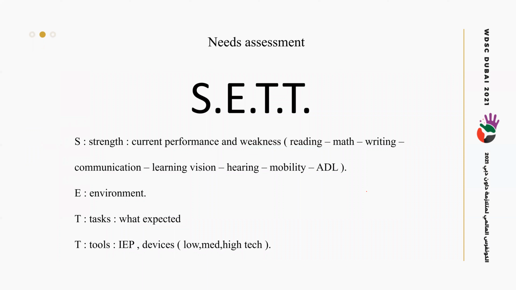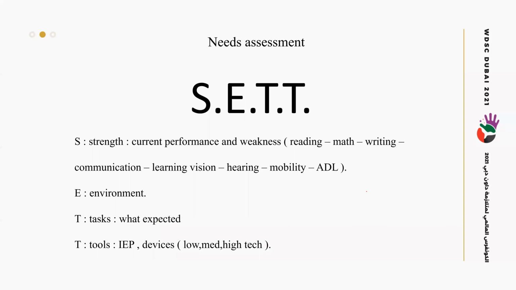And also there is a needs assessment, which is SETT. S is strength, current performance and weakness for the child, which covers reading, math, writing, communication, learning, vision, hearing, mobility, and daily life skills. E comes from the environment of the child.